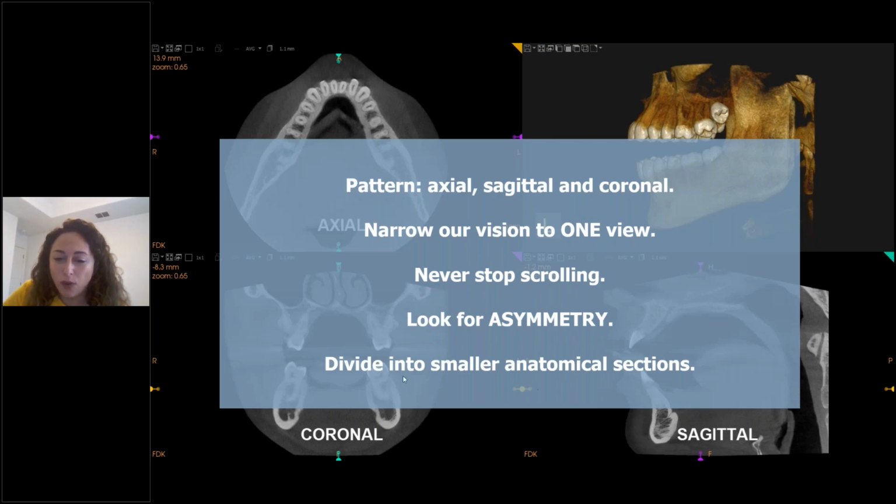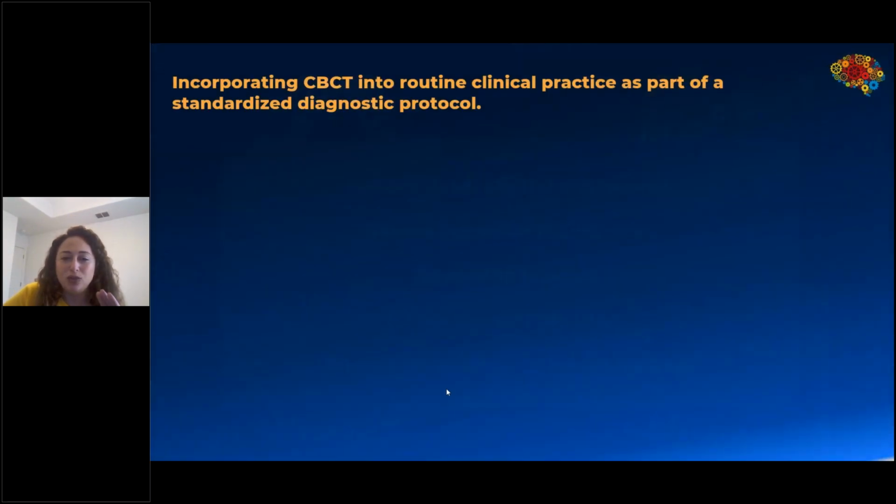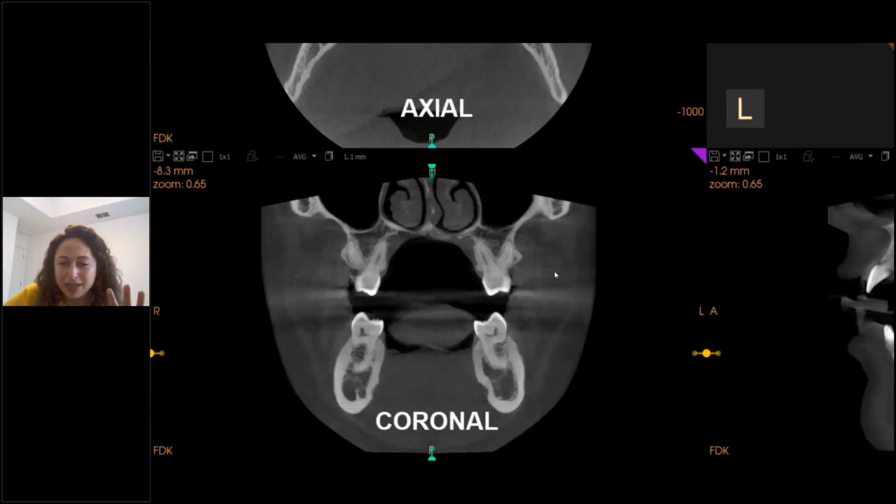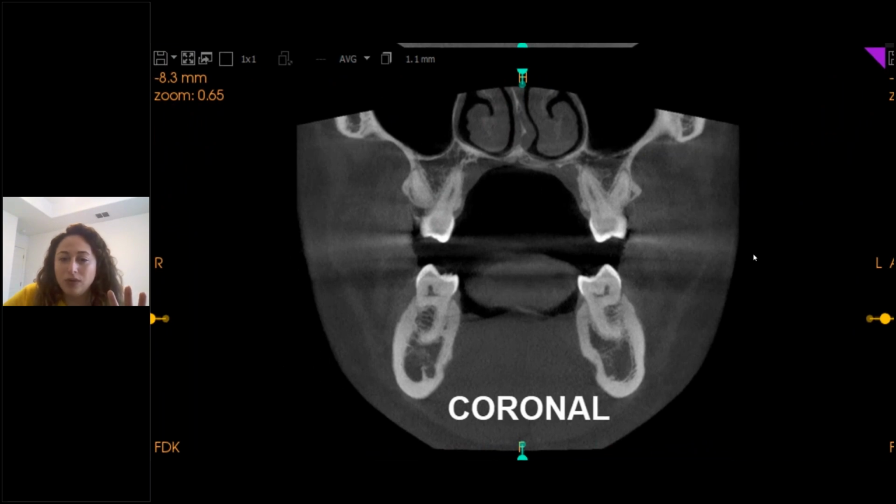And the last thing we want to do is divide into smaller sections. I'm going to go back to show you what I mean. Let's say I maximized one view and I'm only looking at coronal view. One way to narrow down our vision is to go from outside to inside.